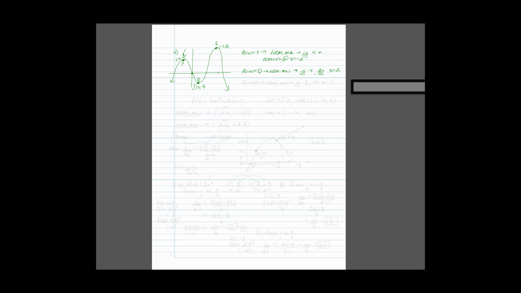Remember, the at is x equals. And finally, we have point R, which is right here. It's another local max, and it is 8, and it occurs at x equals 7. Do you see how you record that? You just have to learn the language.